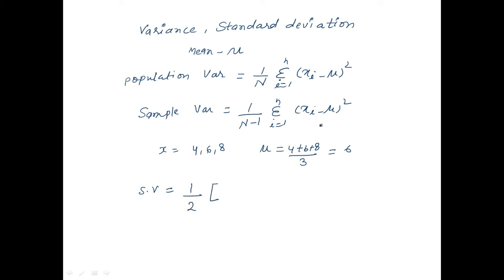Summation of (xi minus mu) square, so (4 minus 6) square plus (6 minus 6) square plus (8 minus 6) square, which is equal to 1 by 2, 2 square plus 0 plus 2 square, which is equal to 4. So the value for the sample variance of the given dataset 4, 6 and 8 is 4.